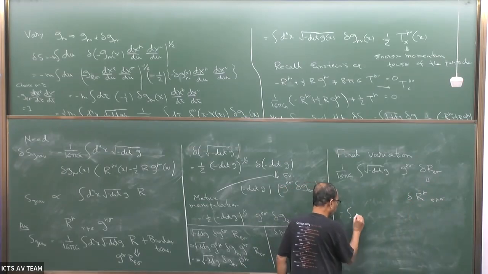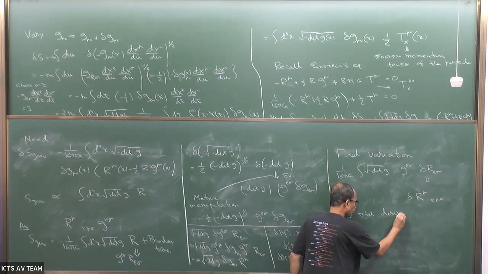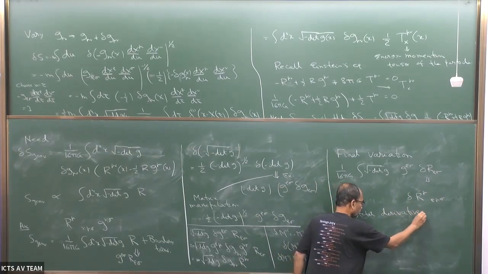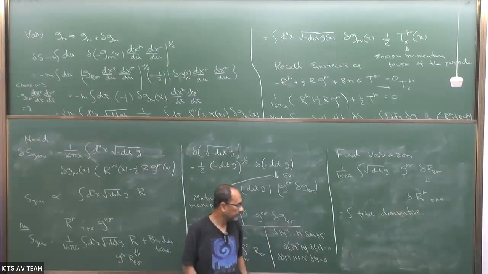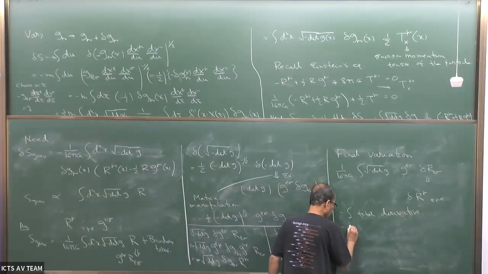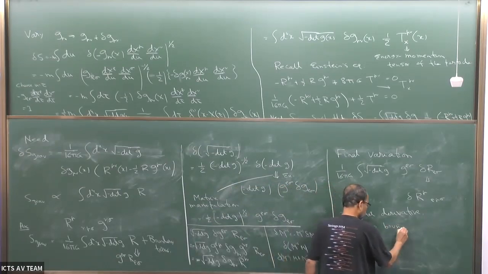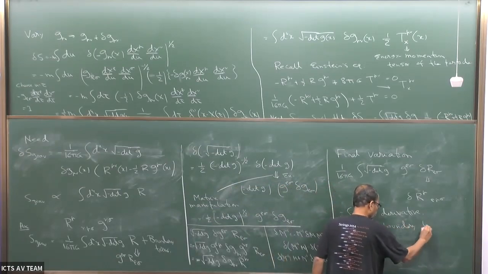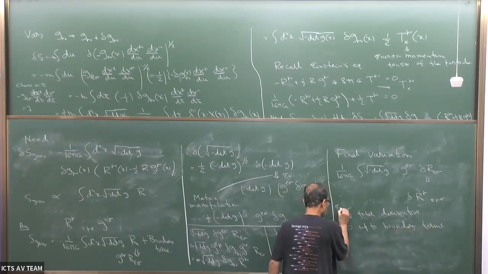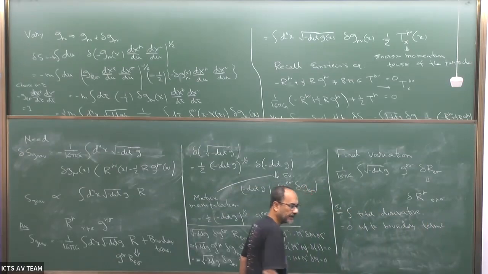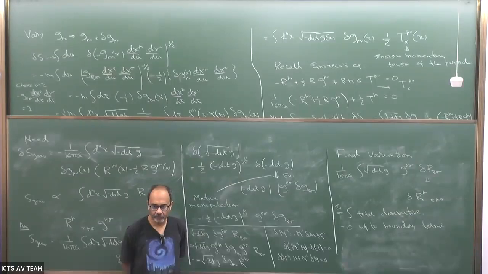This becomes the integral of a total derivative, and hence it's 0 up to boundary terms. So these I'll leave as an exercise to check. It's straightforward, but it involves some algebra that you have to do.